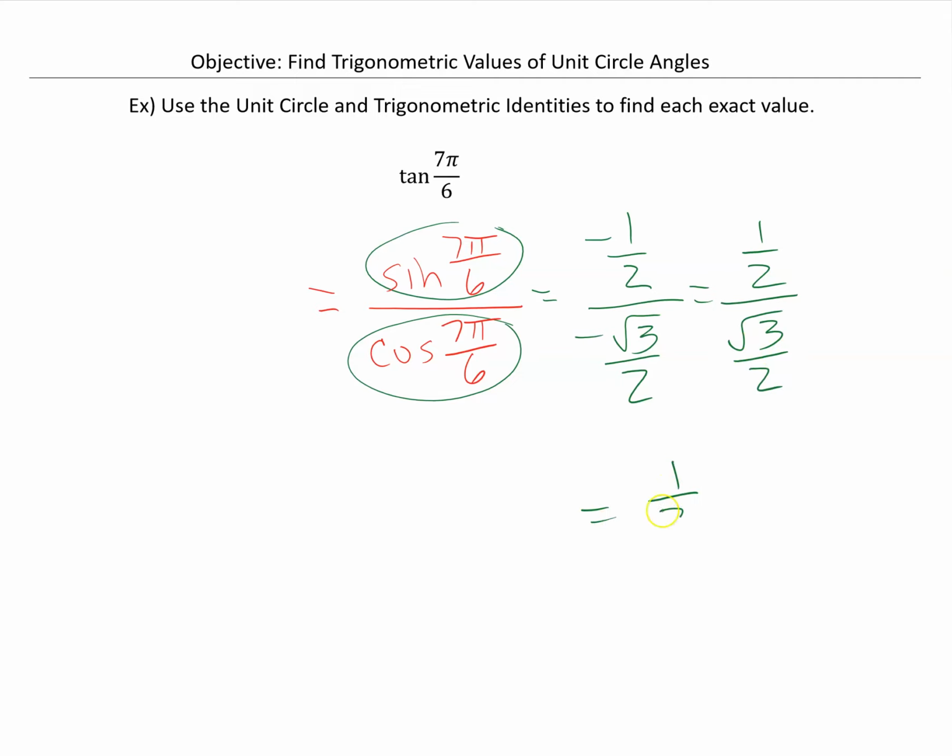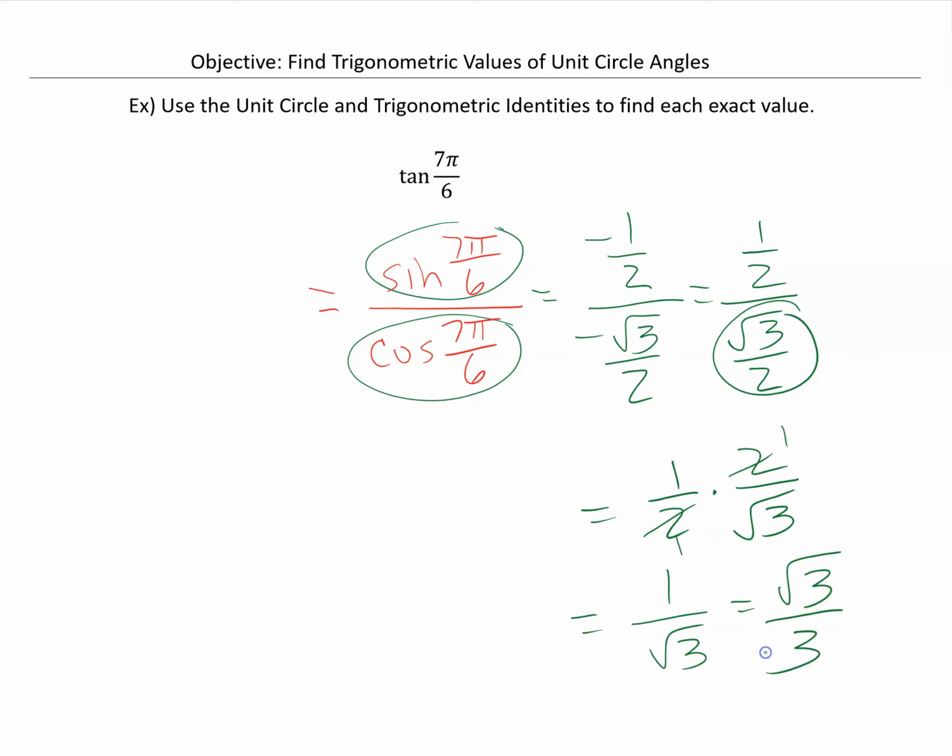That would be 1/2 times the reciprocal of root 3 over 2, which is 2 over root 3. You can either multiply straight across and then reduce, or just reduce your 2's right now, which makes it a little easier. That's 1 over root 3, and rationalizing, that is root 3 over 3. So our tangent of 7 pi 6 is root 3 over 3, like so.